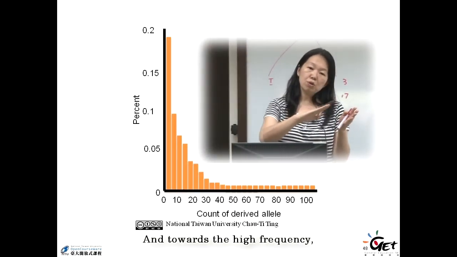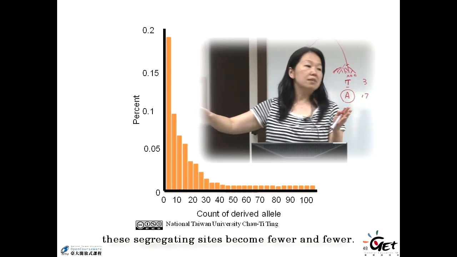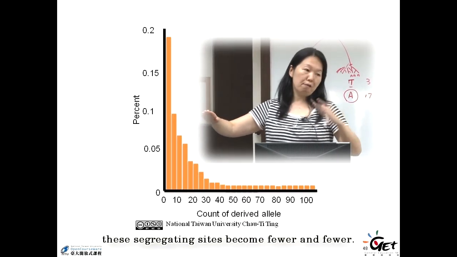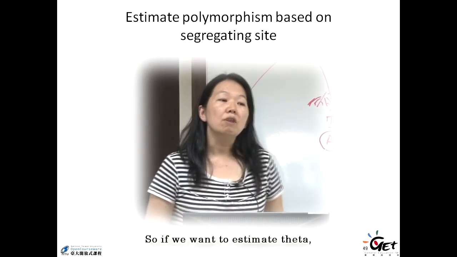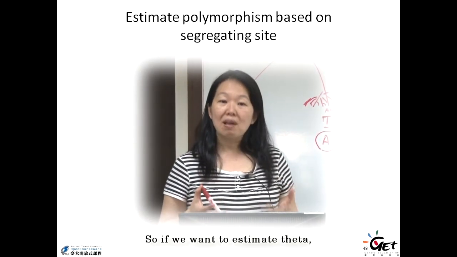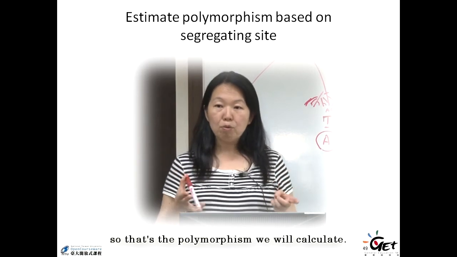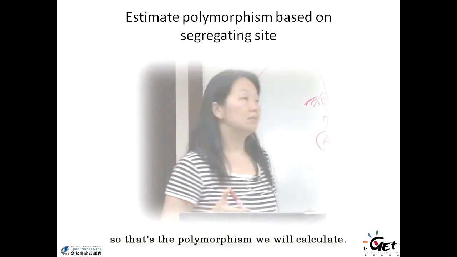And toward the high frequency, the segregating sites become fewer and fewer. So that's the neutral expectation. And that's the frequency spectrum for that. So if we want to estimate theta, that's the polymorphism we are going to calculate.